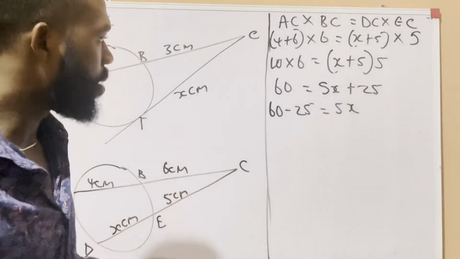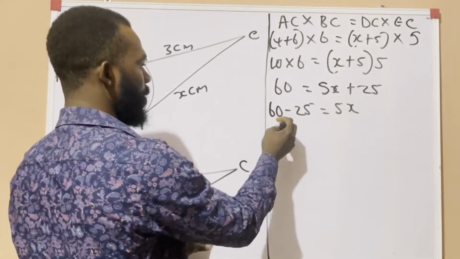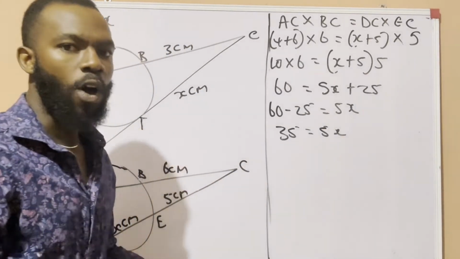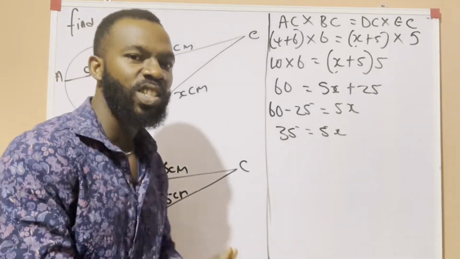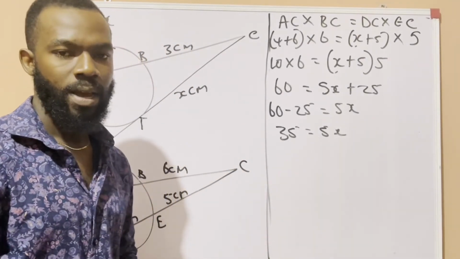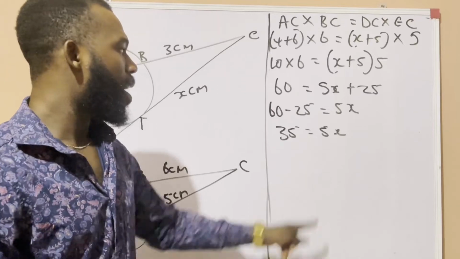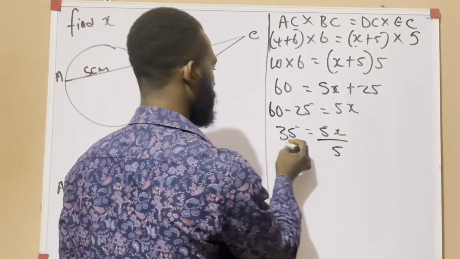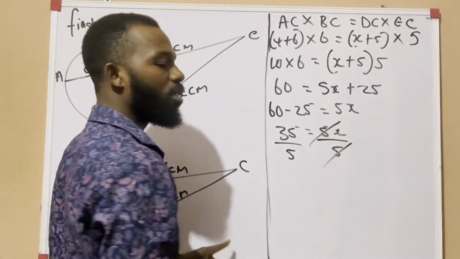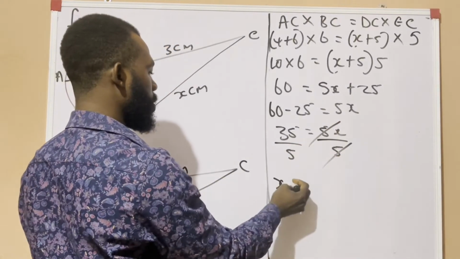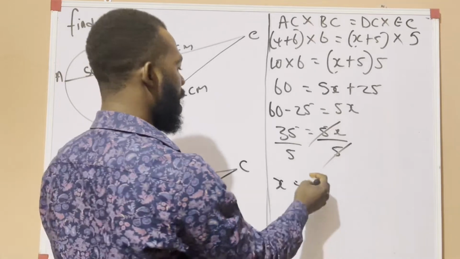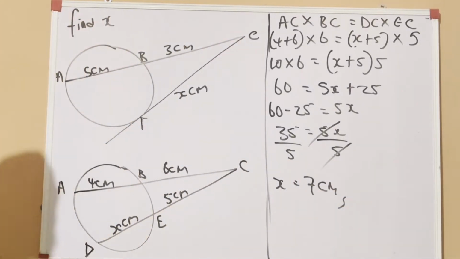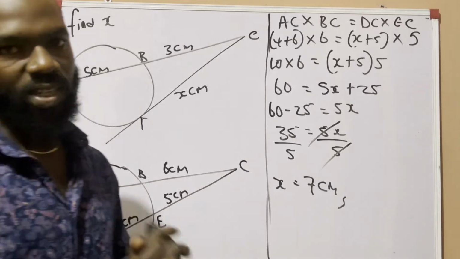Now 60 minus 25 gives us 35. 35 is equal to 5x. For us to get the value for x, x needs to be the subject of the formula. So I have to divide both sides by 5. 5 cancels 5, I have x, and 35 divided by 5 gives us 7 centimeters. So for question number 2, the value for x is 7.